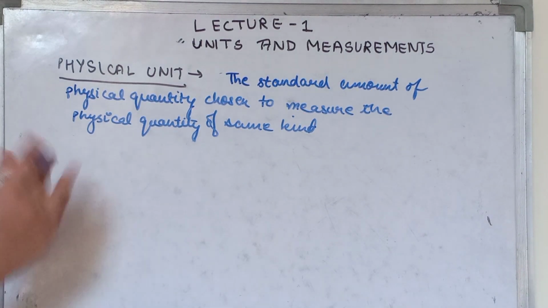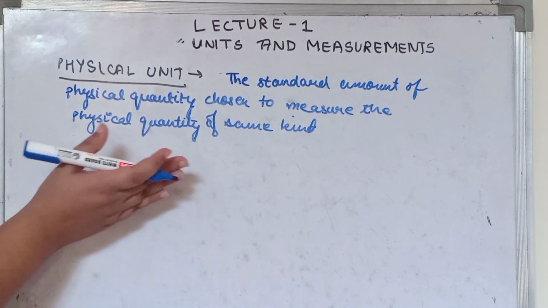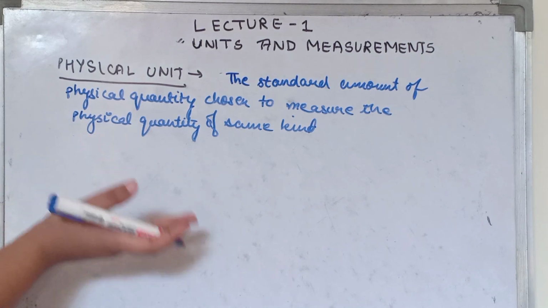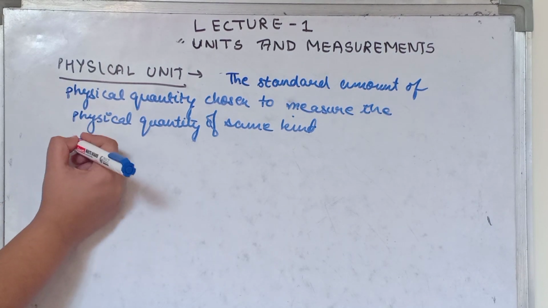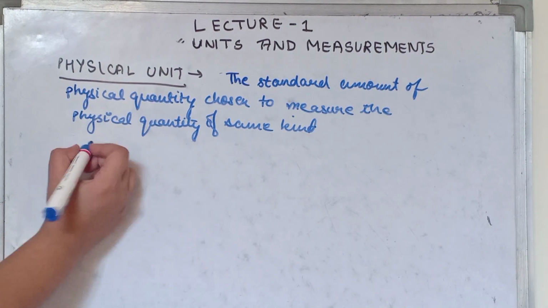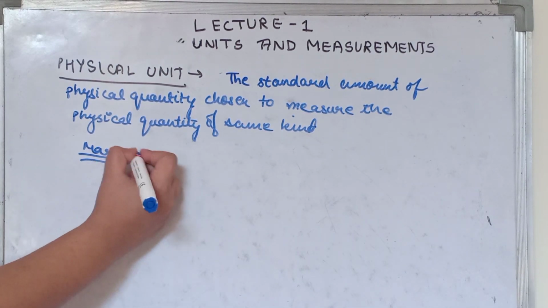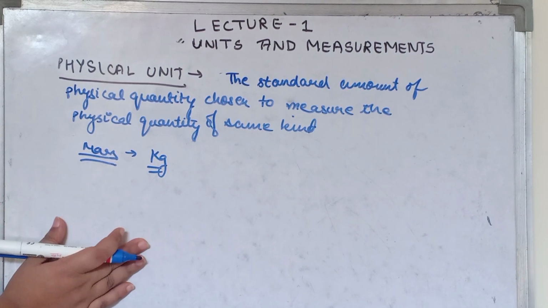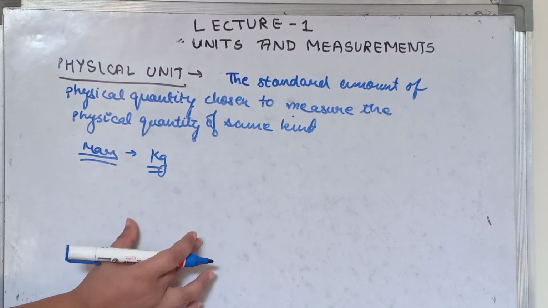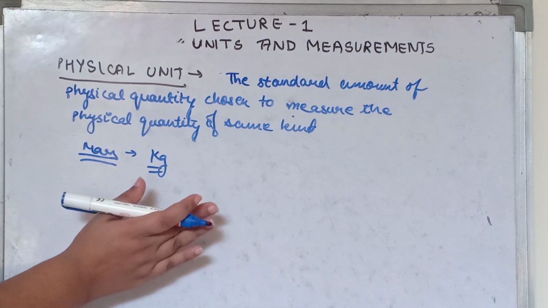For example, we have different systems in which we choose different standards. Taking those standards as the reference, we measure all other physical quantities. You'll get to know what I'm trying to say. Say in any system we have mass as a fundamental quantity, so we have kg as its standard. Whenever we are talking about the system in which we have chosen kg as the standard, we'll try to convert all the mass quantities into kg.